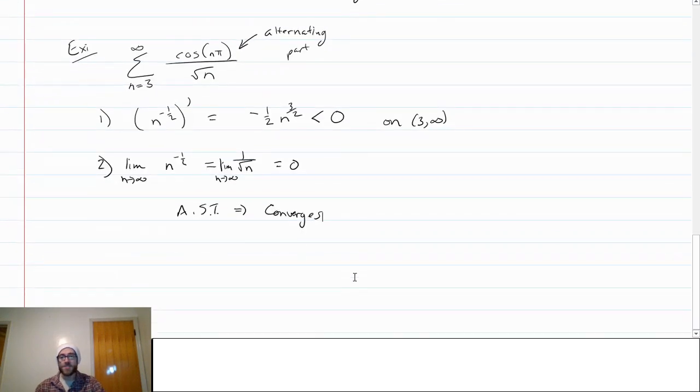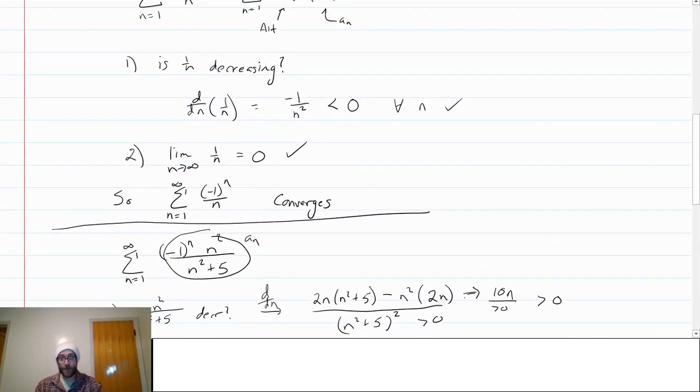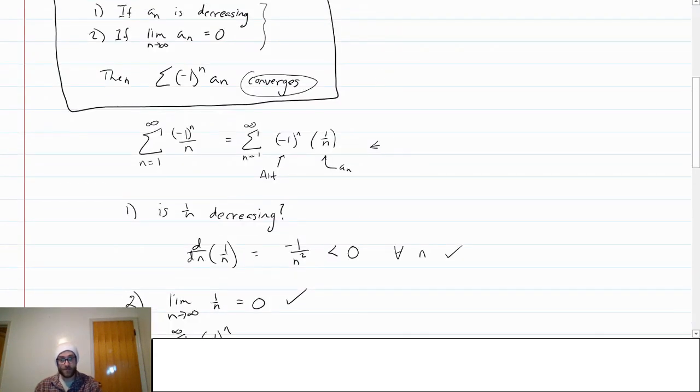Okay, and just a quick note here: if we were to not have the alternating part, so we go from 3 to infinity, it's just 1 over the square root of n. If we look at our p-series test, p is 1/2, so it diverges by the p-series test. We can actually do that with the alternating harmonic too. This guy here is actually called the alternating harmonic.